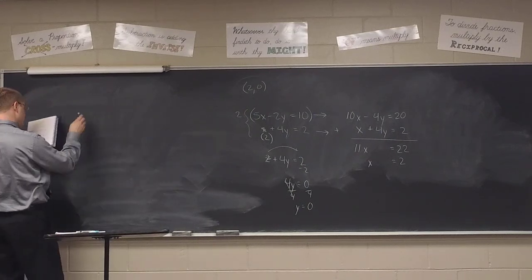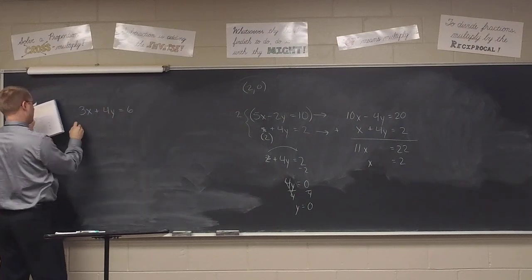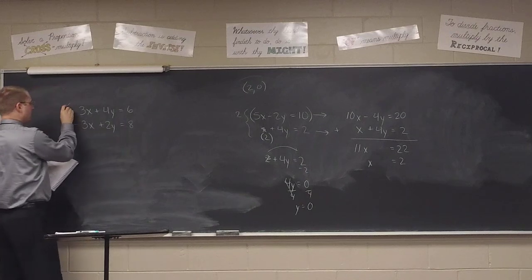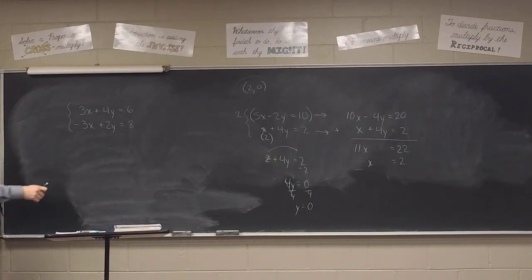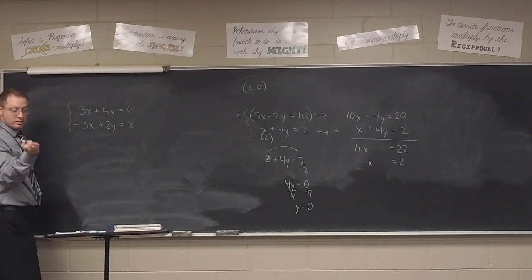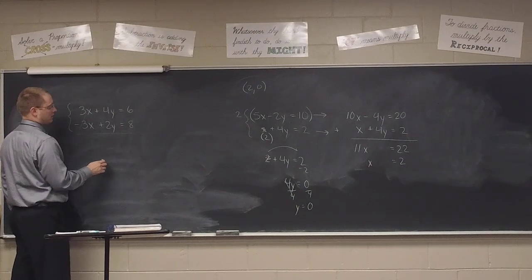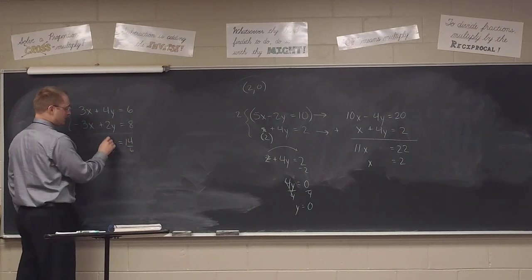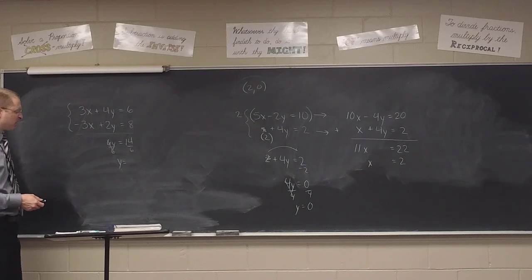Don't you like how easy this is? And what do we do here? Noah? Cancel the 3 x's to get 6y equals 14. And divide both sides by 6 to get y is equal to 2 1/3.